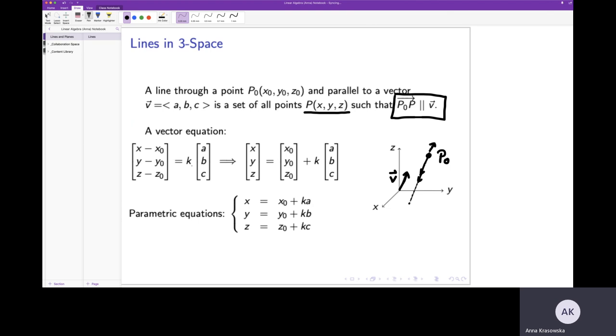Okay, this means that the vector P naught P must be parallel to V. It means it must be a constant multiple of V.